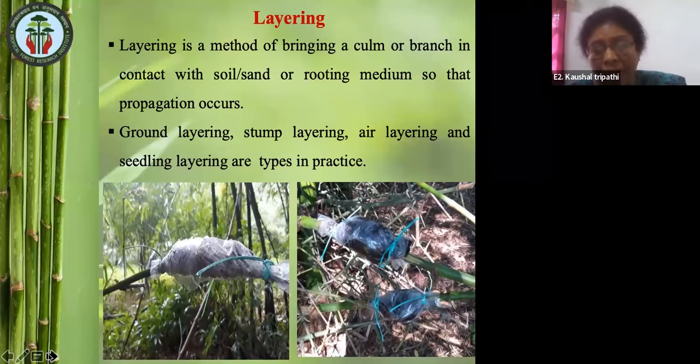On the node, we have wrapped some soil along with moss, and some auxin solution has been added. And we have tied it with polythene sheet, and at the two ends we have tied it with polythene strips. If done before the rainy season, we get roots after 2 to 3 months from the node. Next slide, please.